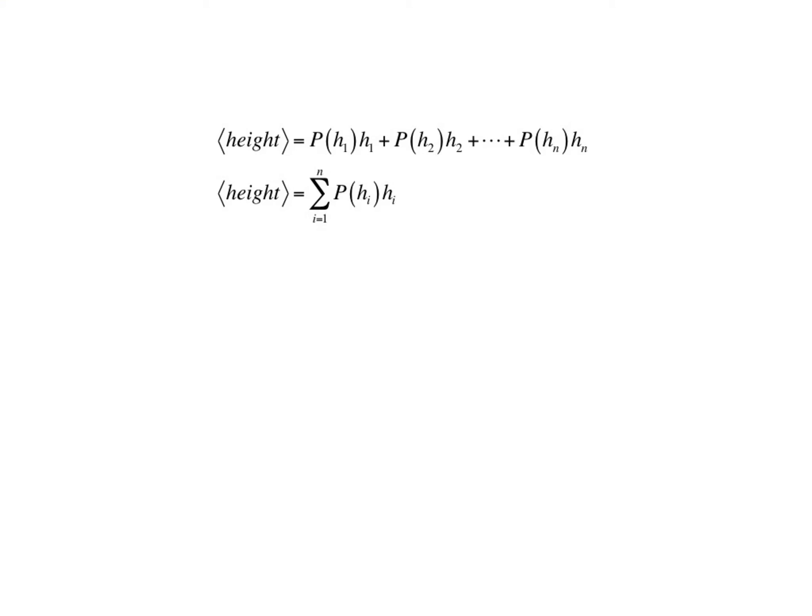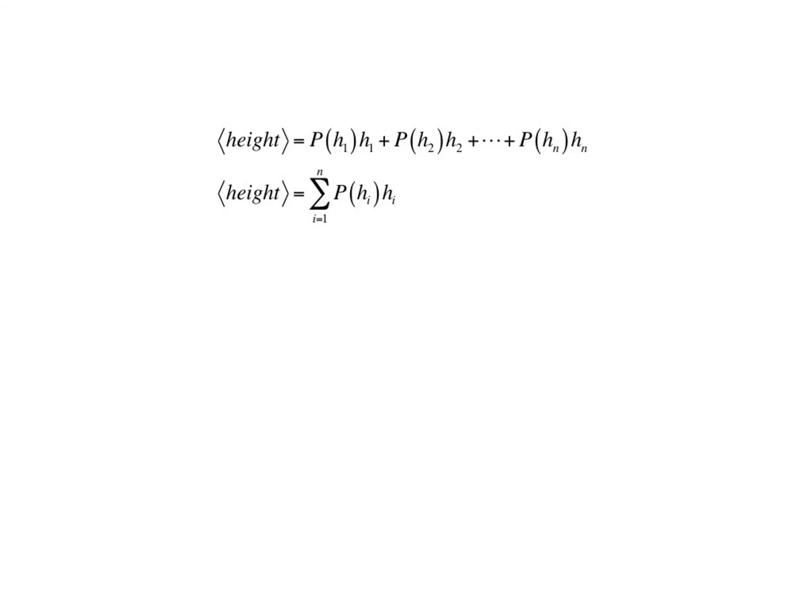So if we write that out in general, the average height can be calculated by taking the probability of height 1 times the value of that height, plus the probability of finding height 2 times the value of that height, plus and so on, till you add up all the different heights. The average height is the sum over all possible values of the height of the probability of finding that height times the value of that height.